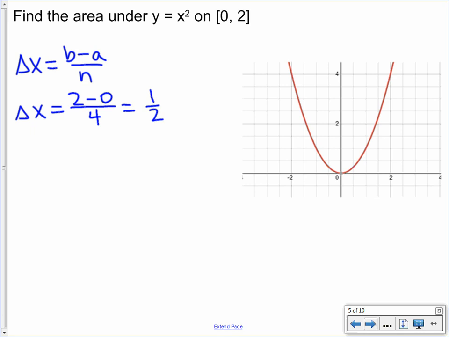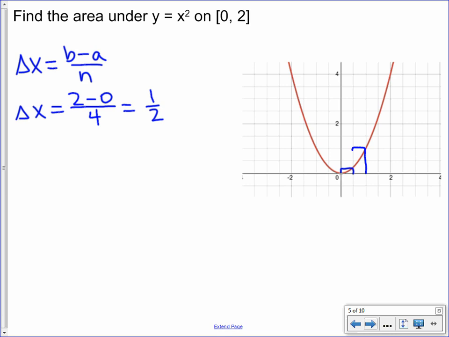Okay, so now we're going to fold it back over to our picture. The right-hand side is what we're going to use for the height. So from 0 to 1/2, 1/2 is on the right side, so that function value is going to give us our height. Between 1/2 and 1, x is 1.